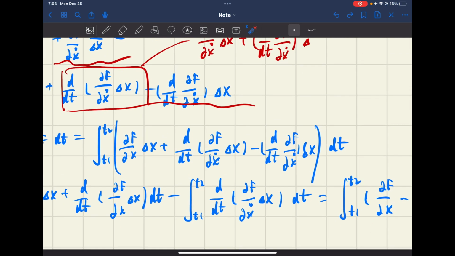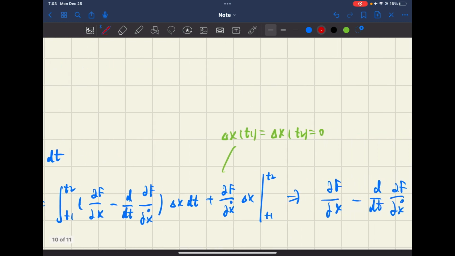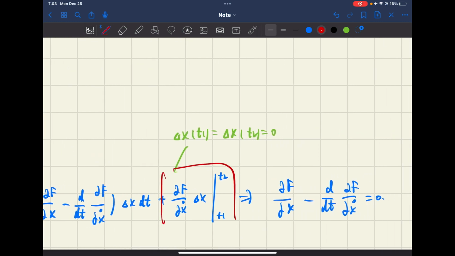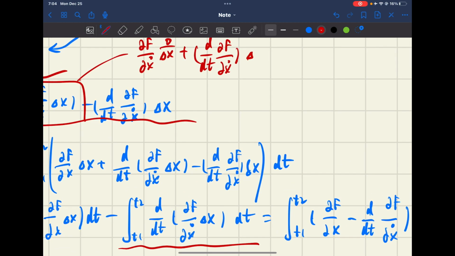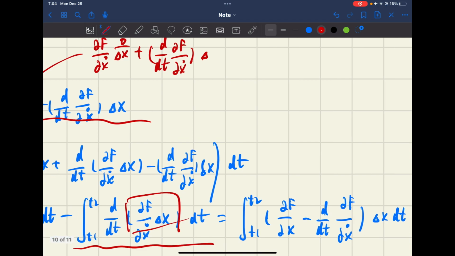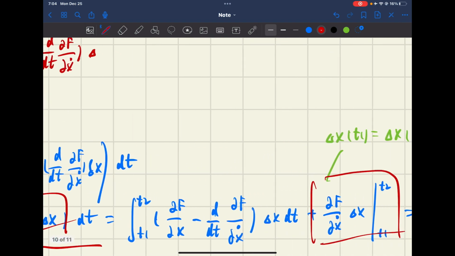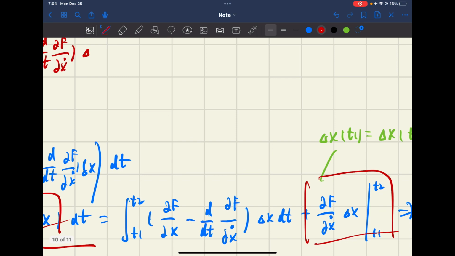This term here is obviously equal to this, because first we take the derivative of this term and then we put it into an integral, so it's just equal to this. And the first one we just keep here, so it's still like this.